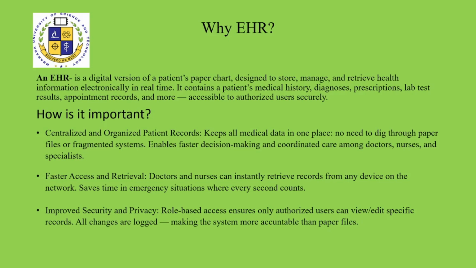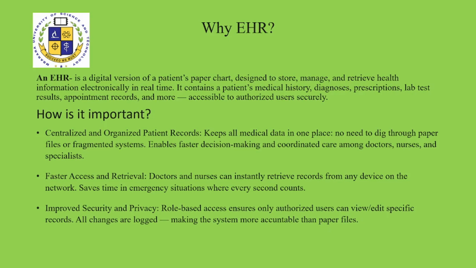In this, we ensure data is accessed by the relevant users, and data is organized in views whereby each user group can access a given type of data. Not all the data can be accessed by anyone. Therefore, we ensure access only to authorized users who can view and edit specific records, and all changes are logged, making the system more accountable than the tiresome paper files.